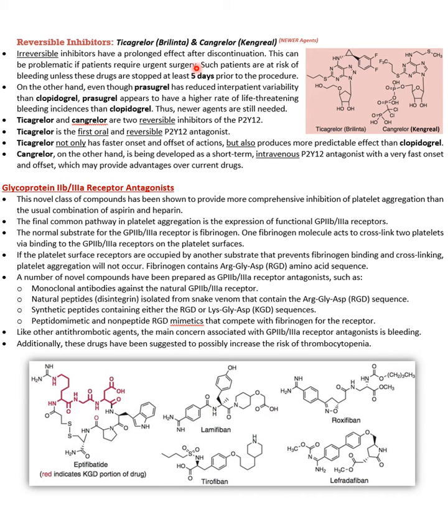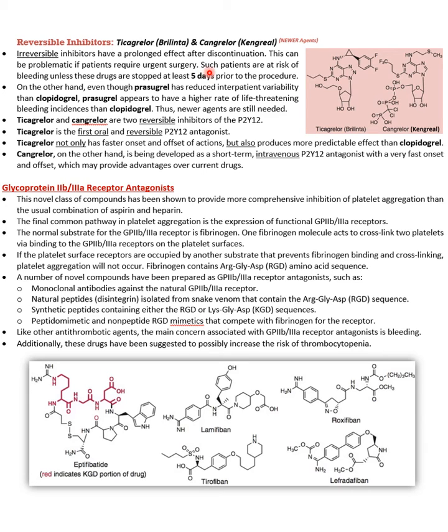And this might cause a problem because if at any time when the patient is taking this medication, an urgent surgery is required, then there would be a risk of bleeding, because these products are antiplatelets, they cause anticoagulation. So if a surgery is required at any time, these products cannot be stopped immediately.